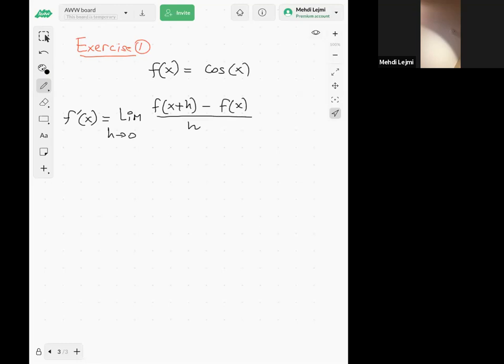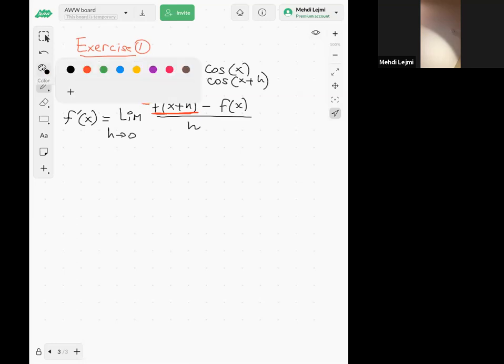Now my f of x is cosine of x, so f of x plus h would be cosine of x plus h, cosine of the angle x plus h.